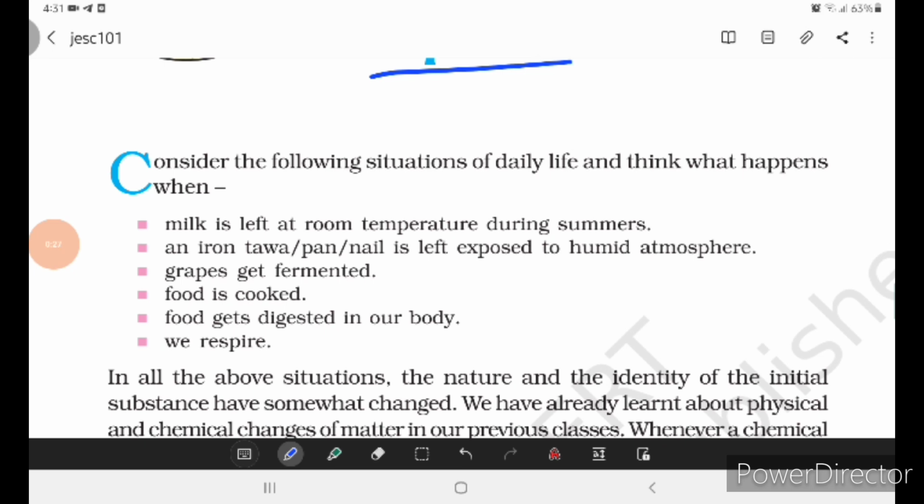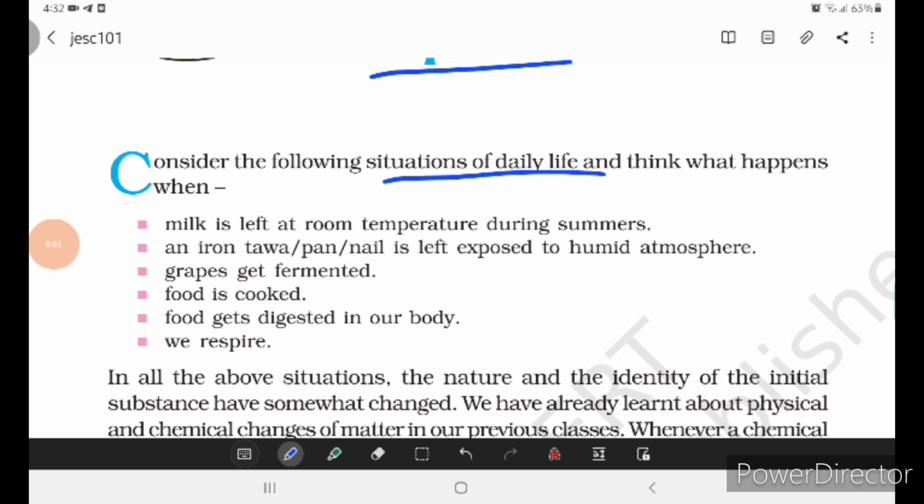In this chapter we are going to learn about the various types of chemical reactions that are taking place in our surroundings and how these chemical reactions are useful, how to balance an equation, what are the different types of reactions that are occurring in our surroundings, how these reactions occur, and everything we are going to know in this chapter. Okay.